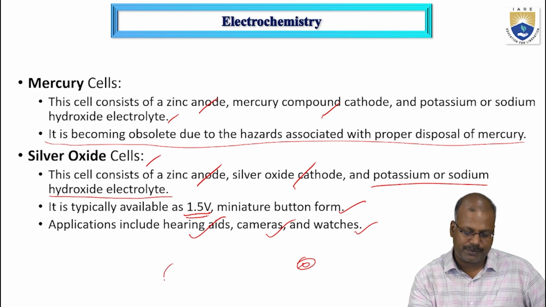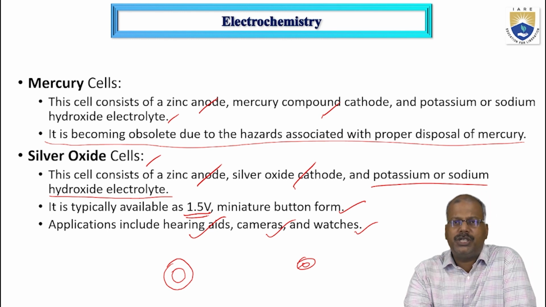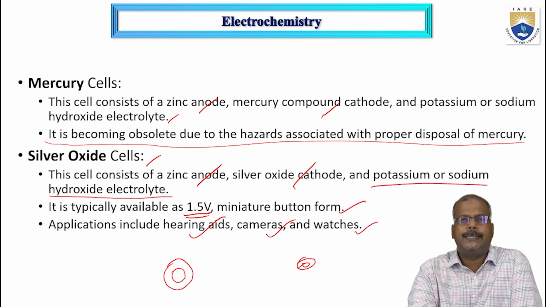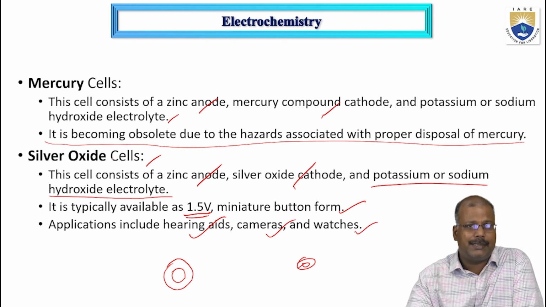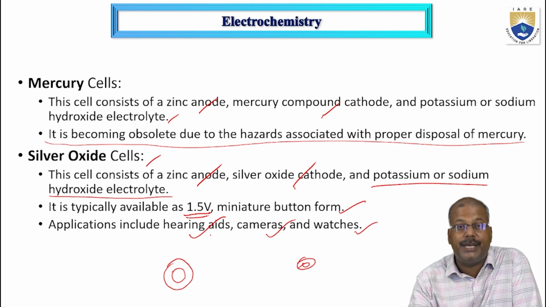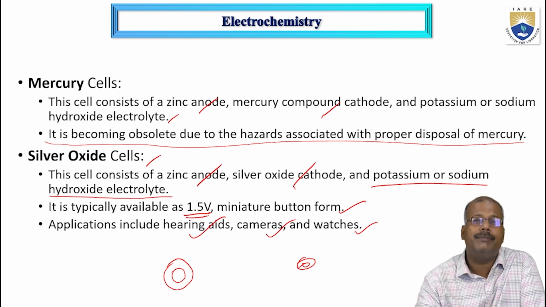For watches, you might have seen round-shaped miniature batteries. So this type of small miniature button-sized cells are available for silver oxide cells. It is very useful, with a good voltage, and it is used for niche applications like hearing aids, where the instrument itself is very small and you need a further small battery inside that.